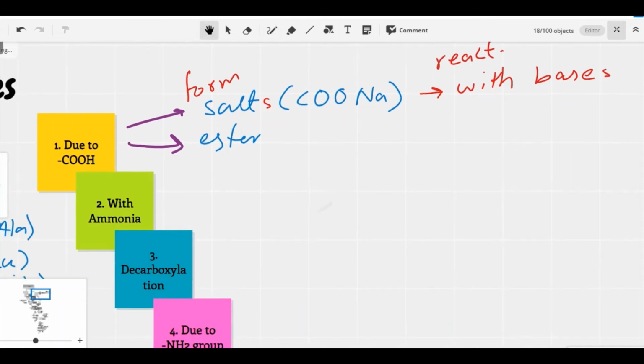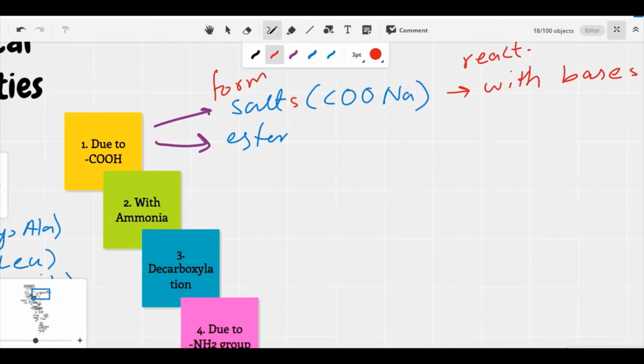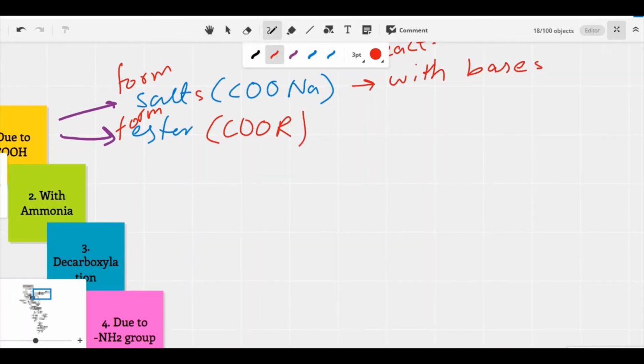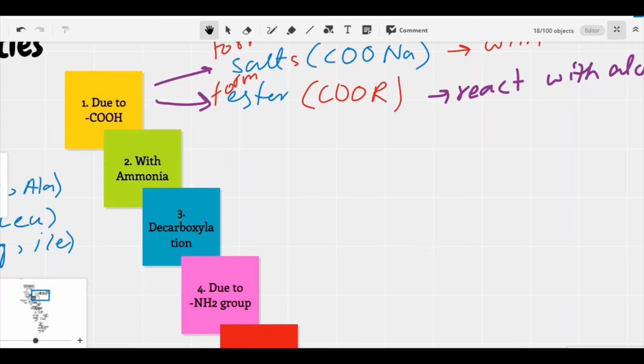Okay, and it will form esters, like COOR, when it reacts with alcohols. Next is the reaction with ammonia.